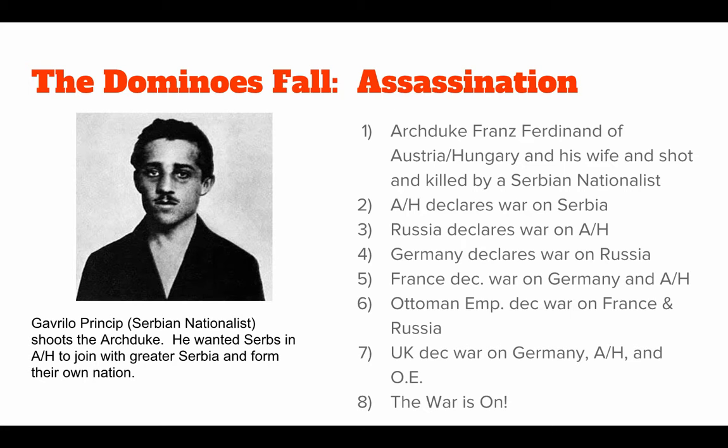Germany declares war on Russia because Germany has an alliance with Austria-Hungary, because France has an alliance with Russia. They declare war on Austria-Hungary and Germany, and so on and so forth, until all of these countries declare war on each other, and then the war is on. They are all mobilizing and all at war with each other.